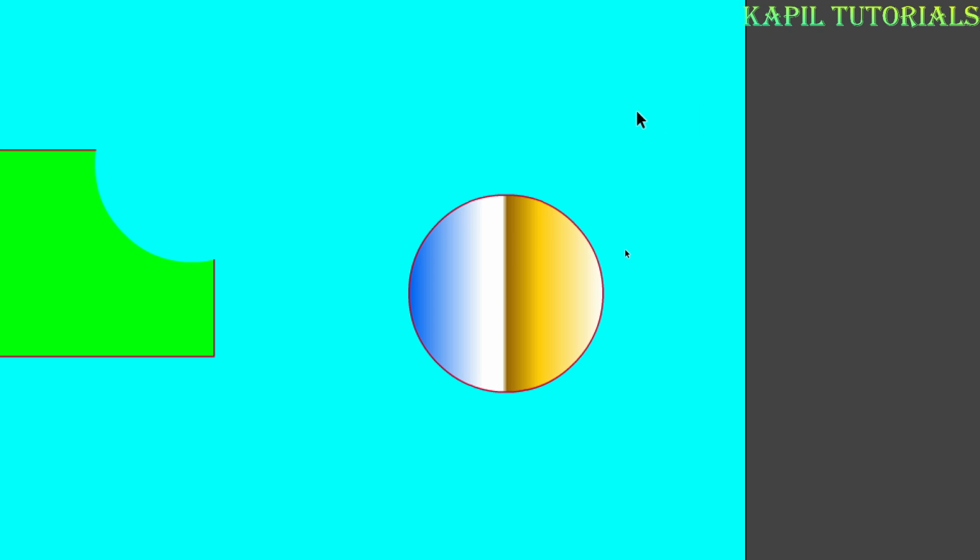Now simply if I move my cursor pointer to this side, you could see here it's showing one half circle, this one. So if I press my left mouse button and drag it down, we can change the shape of the circle like this.